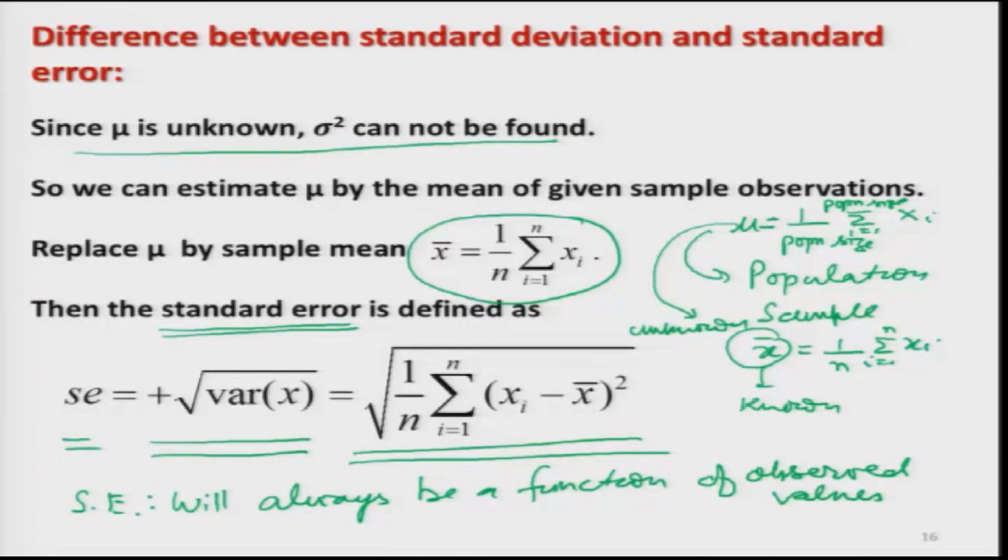So, in simple language I can say that the standard error will always refer to a standard deviation which can be computed on the basis of a given sample of data. You have got the data, you are asked to compute the standard deviation, you can compute it, and in that case this will be called standard error.